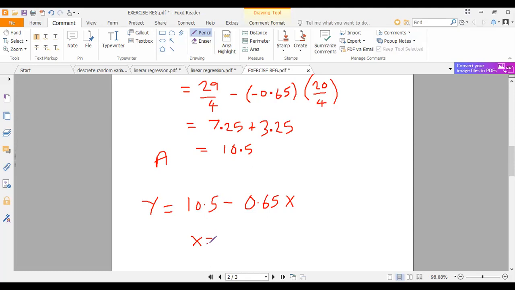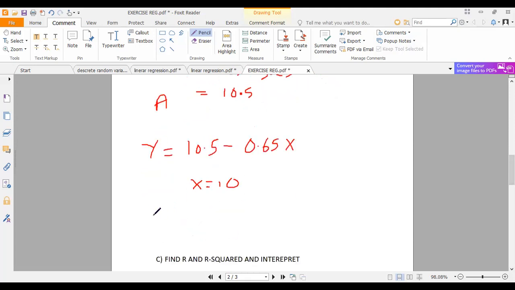If x is 10, where there's x, we put 10. What are we getting as y?